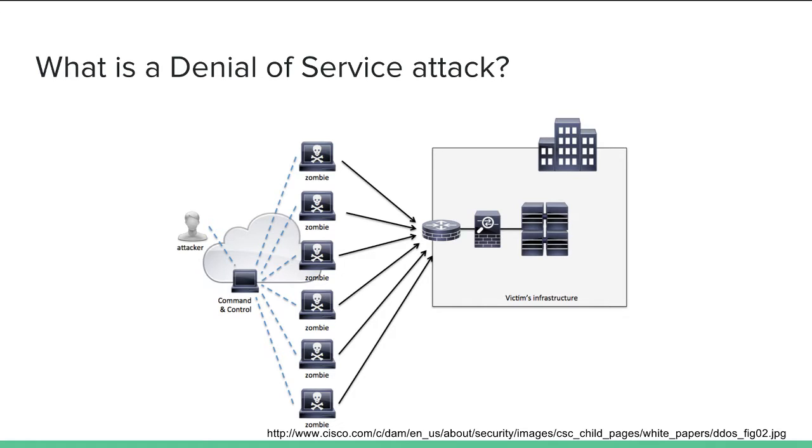In the actual computer sense, basically an attacker will take over a series of computers, and then when he or she sends the code to those computers, called a botnet, every single one of those computers sends junk messages to a target computer, which would typically be the web server of some group that they don't like, or that they want to ransom. They want to extort money out of them. So they say, if you don't pay me this money, I'm going to use my botnet and we're going to take down your servers.